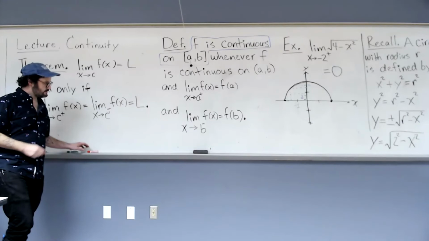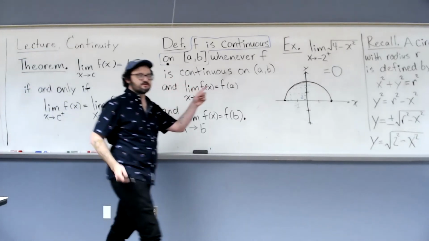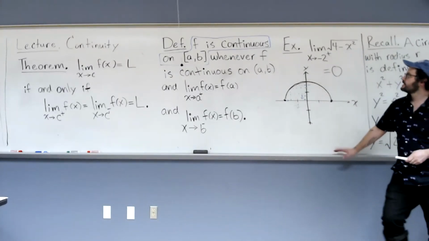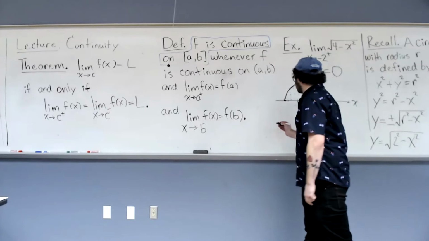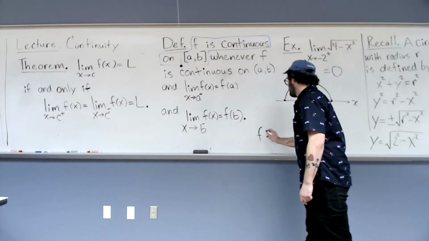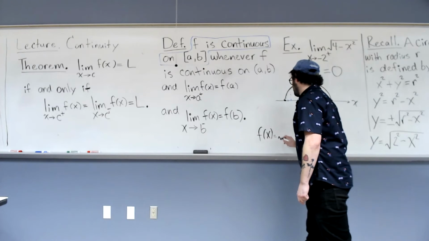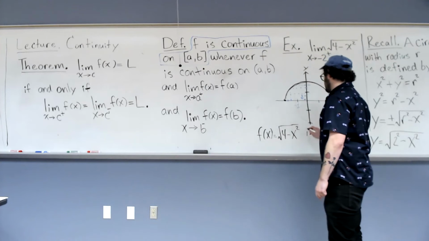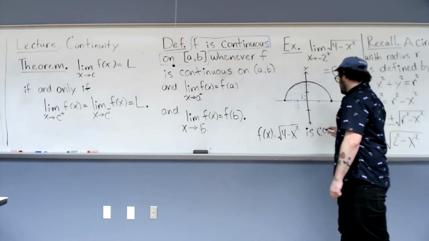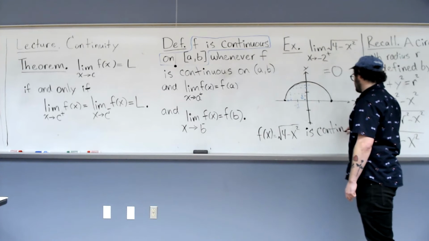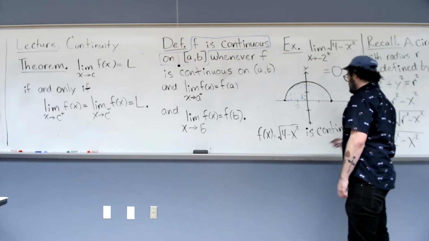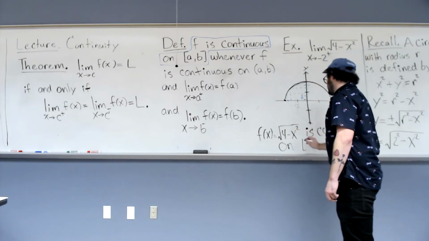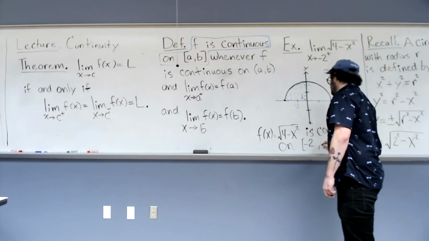So actually, that example that we did over here, this function here, root 4 minus x squared, that's going to be continuous on the closed interval -2 to 2.